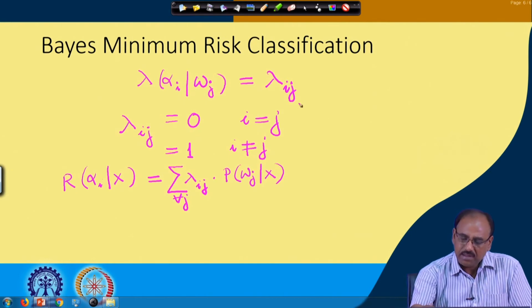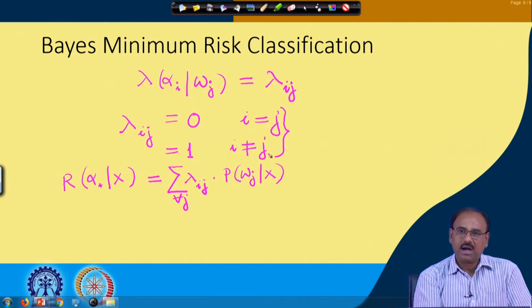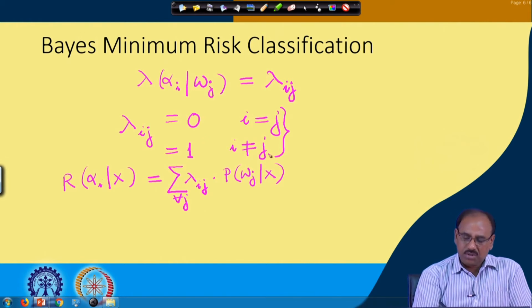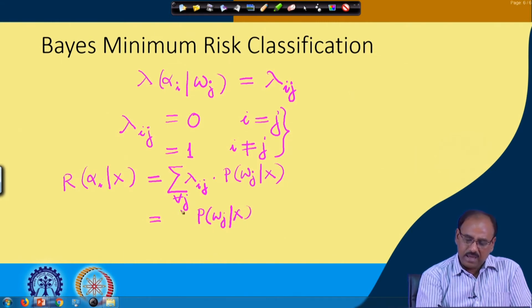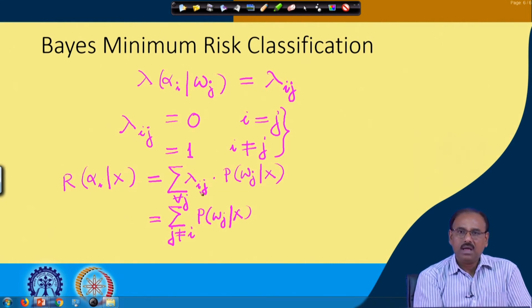And now taking these values of lambda i j, you find that we have defined that wherever i is equal to j, lambda i j is equal to 0, and wherever i is not equal to j, lambda i j is equal to 1. So, this expression simply becomes p of omega j given x, take the summation over all j not equal to i, because wherever j is not equal to i, lambda i j is 1, and whenever j is equal to i, lambda i j is equal to 0.